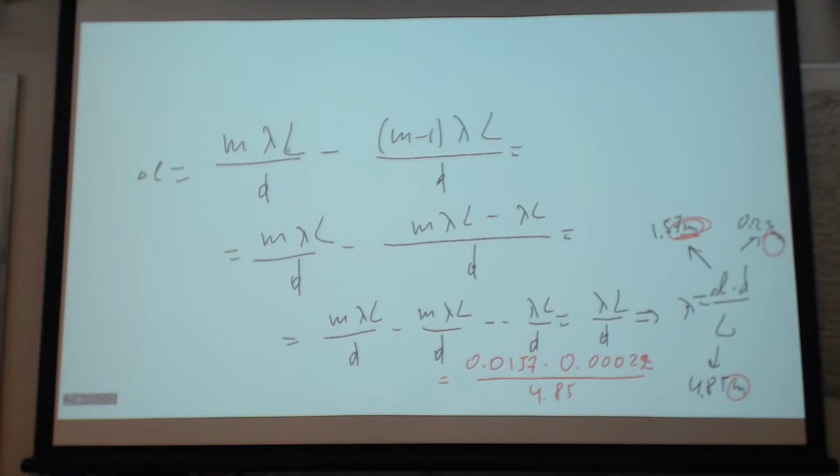For my numbers, I got 6.2 times 10 to the negative 8.